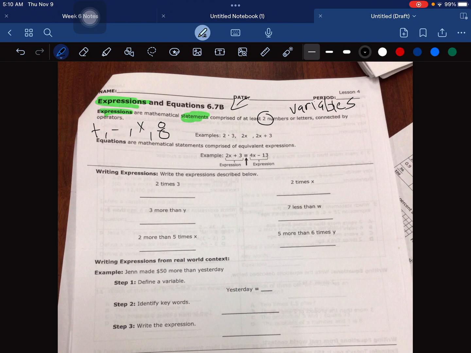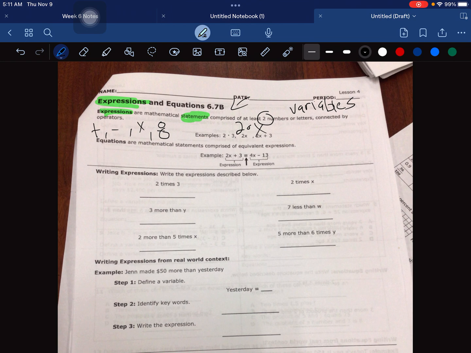Okay. For example, chicos, 2 times 3. That's two numbers connected by an operator. Awesome. 2x. 2x is the same thing as saying 2 times x. So you have your number, letter, so that's 2, and you're multiplying.